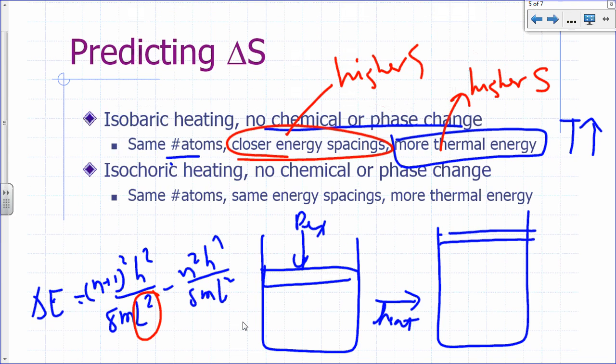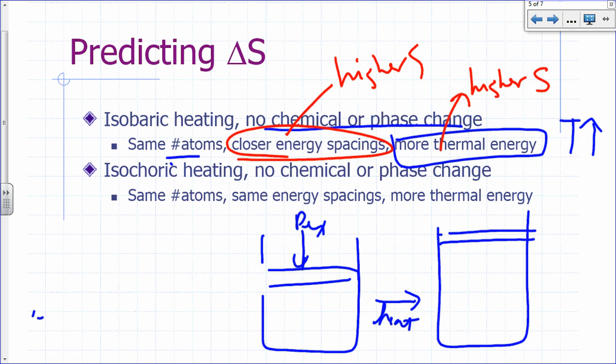What about isochoric heating? What does isochoric heating mean? Isochore means constant volume. So you go from here to here at the same volume. And what's the only thing that's happening here?